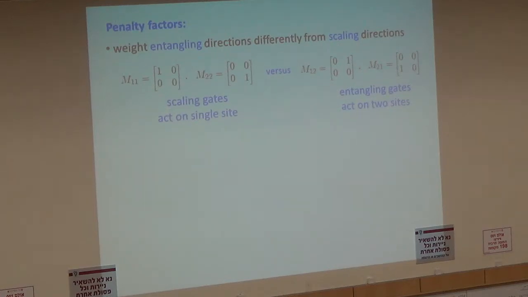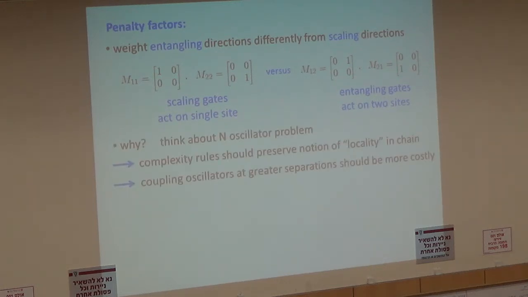Penalty factors. This is the idea that I may want to count different gates differently. We've got a really simple problem here, but you might want to count the scaling gates differently than the entangling gates. One distinguishing feature is that those scaling gates act on a single site or a single oscillator, whereas the entangling gates act on two sites or two oscillators.